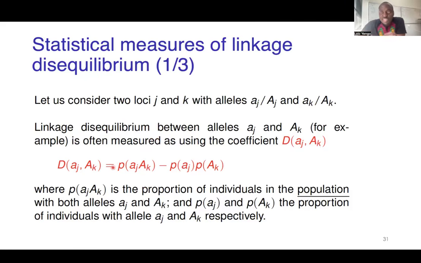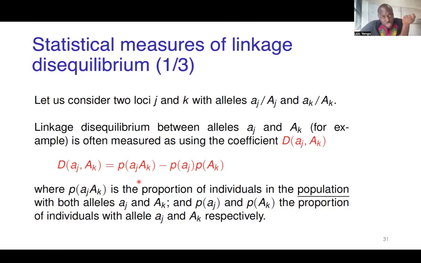It is defined as a deviation, right? So it is the frequency of that particular haplotype: if I'm looking across locus J and locus K, how many times in the population have I seen small a_J next to capital A_K? And I can quantify that in the population as a frequency.